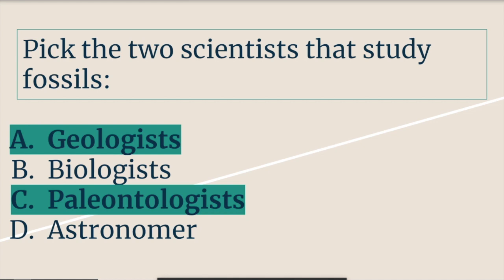You said A, a geologist, and C, a paleontologist. That is correct. Those two scientists work together to discover and learn more about fossils. Geologists take a look at different types of rocks, and paleontologists use the fossils to learn more about the Earth's history.